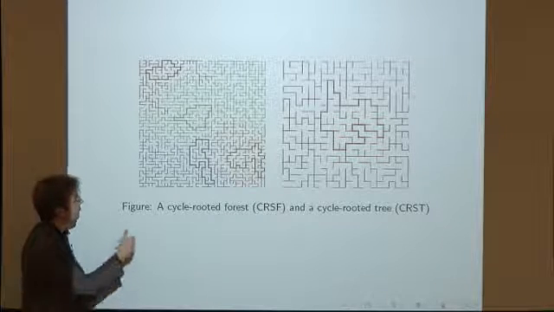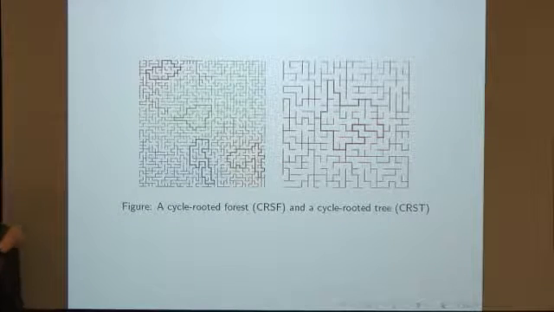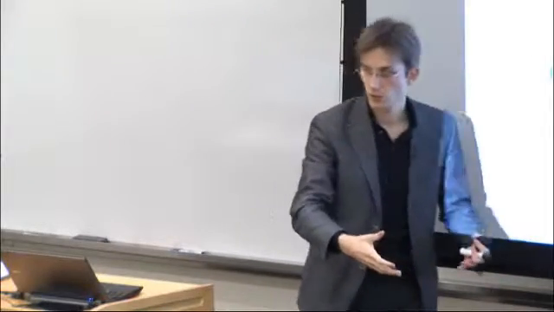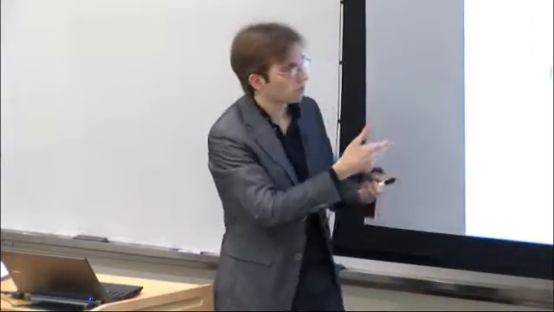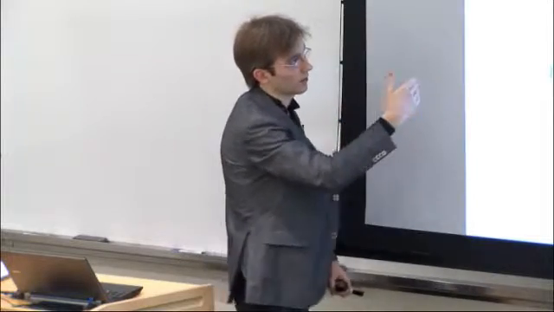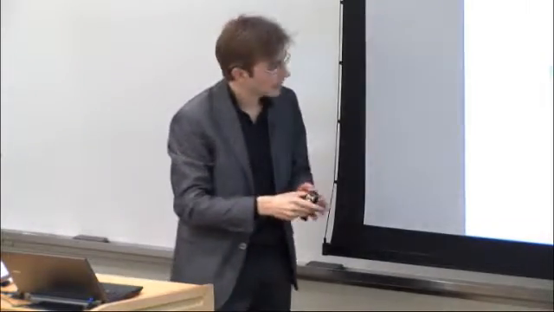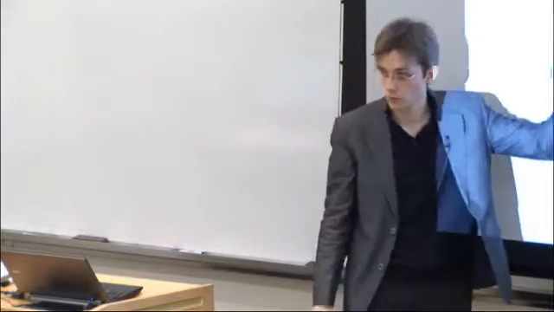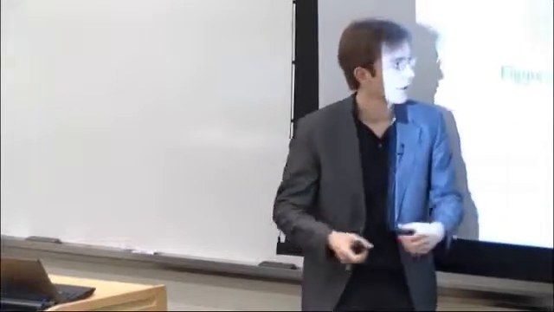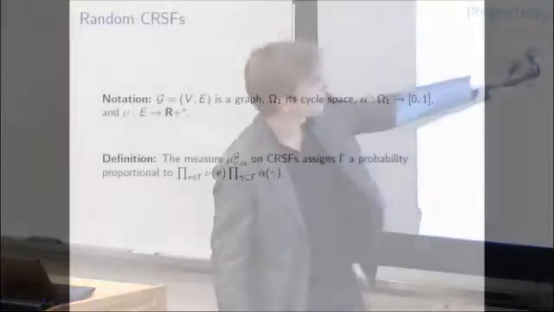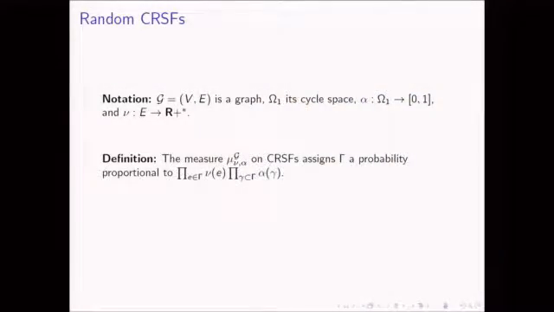Now, the algorithm of Wilson I just presented for uniform spanning trees generalizes really quite easily to this setting. In fact, in that case, you don't even need to specify any root, and the algorithm goes as follows. So suppose you want to sample a cycle-rooted spanning forest, which has a weight proportional to this factor.